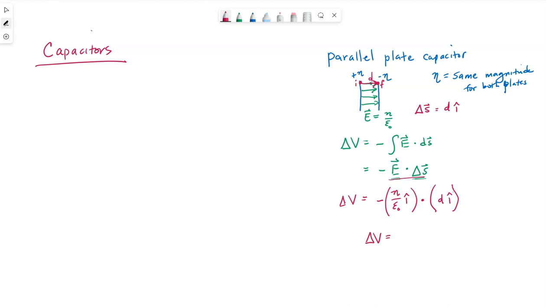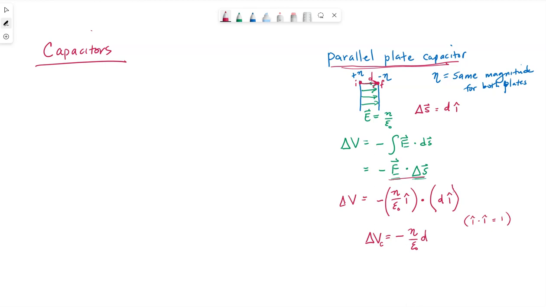So delta V ends up being negative eta over epsilon naught times d. And as a reminder, i dotted with i is simply the number 1, which I'm not going to write. We could if you want, but there's no direction on our answer. So the delta V for specifically this parallel plate capacitor is equal to negative eta over epsilon naught times d.